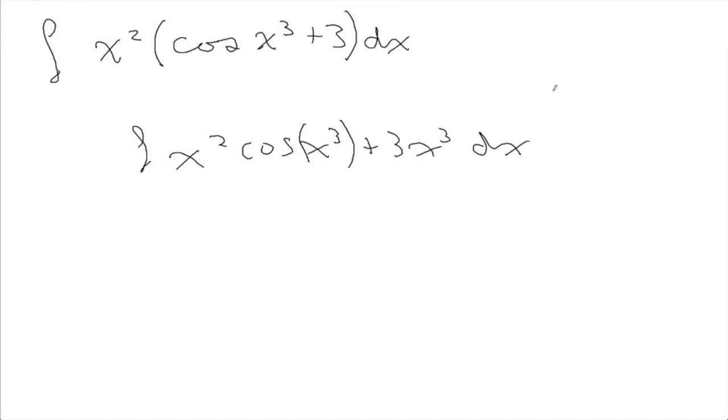So now we can take the antiderivative and next I would rewrite it as cosine of x to the fifth plus 3x cubed.